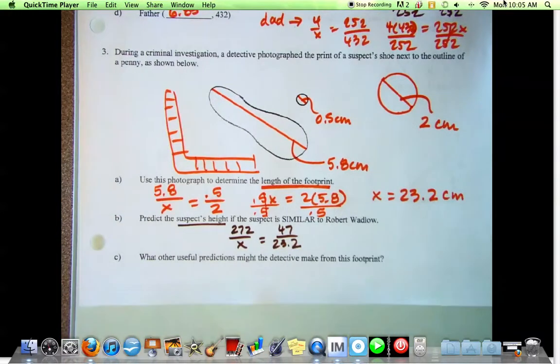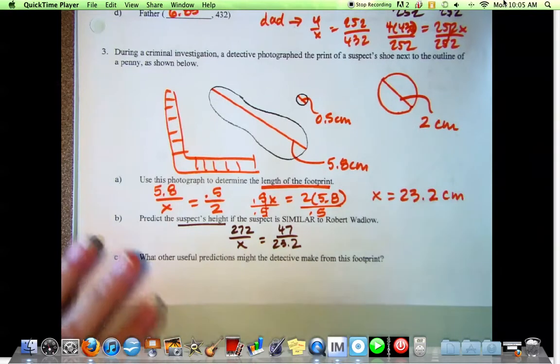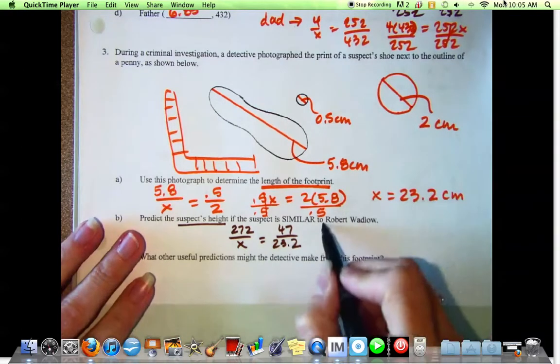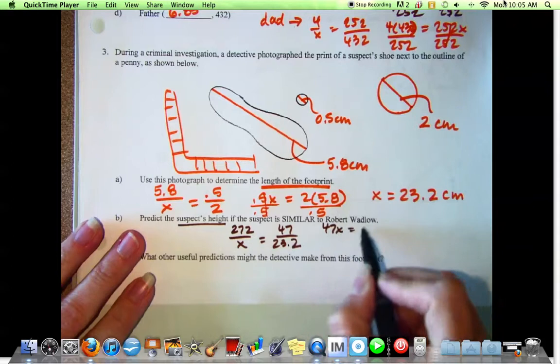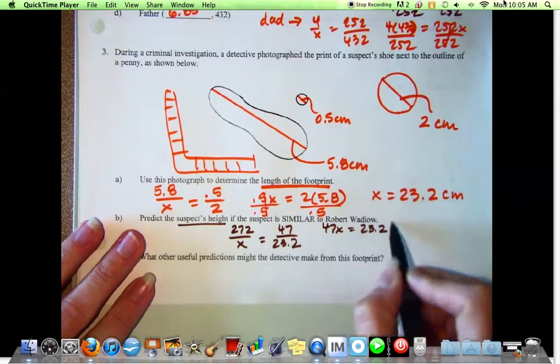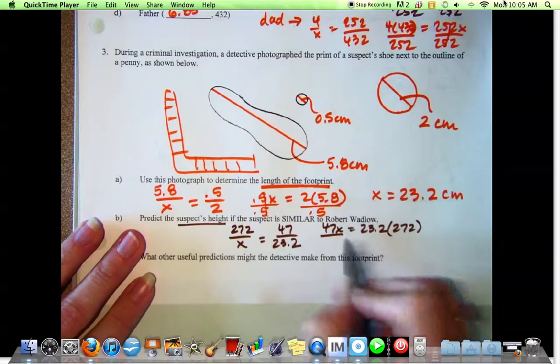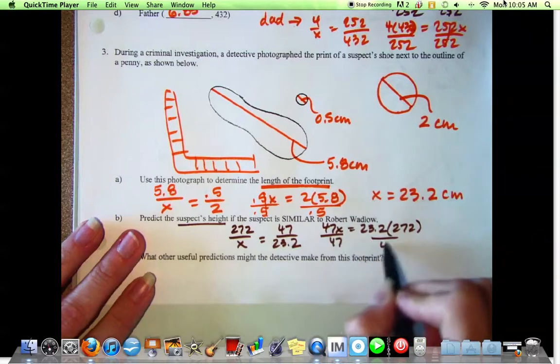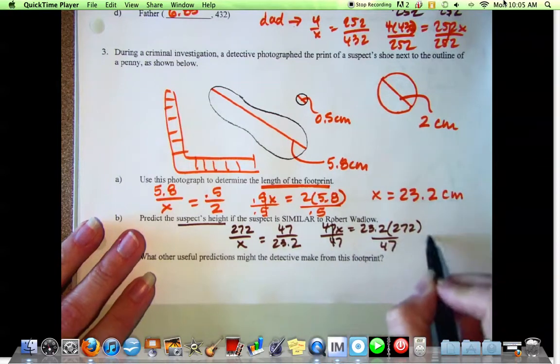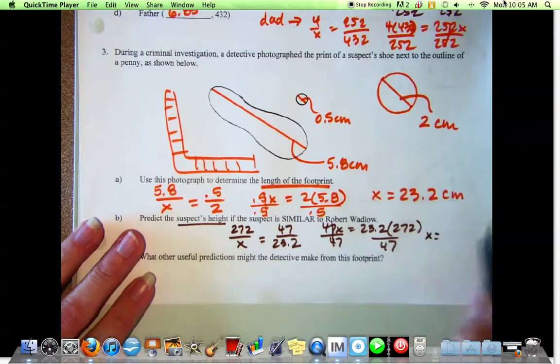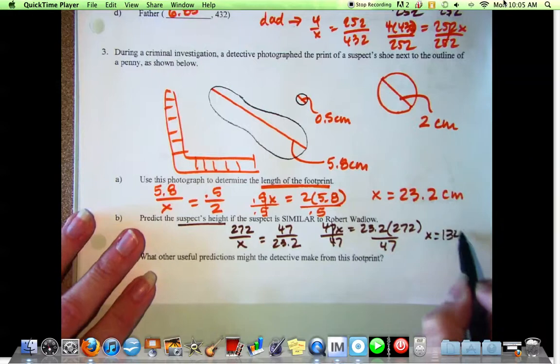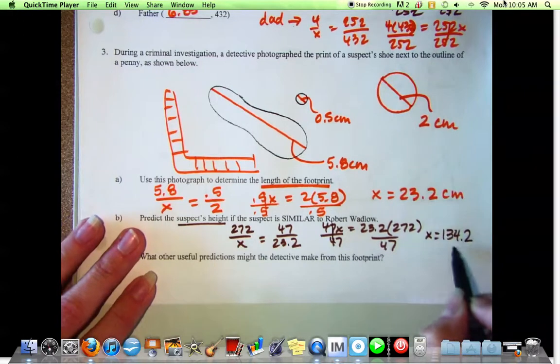Or you could have flip-flopped them, and even put the x on top and 272 on the bottom, and 23.2 on the top and 47 on the bottom. So 47x equals 23.2 times 272. Divide both sides by 47. And my suspect's height is 134.6 units, centimeters.